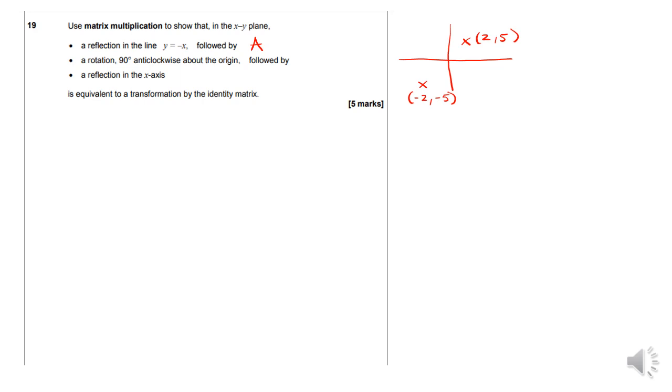So what I need to do is consider a matrix that when I multiply 2, 5 by it, gives us the result, very similarly to question 10 on this paper earlier on, -2 and -5.